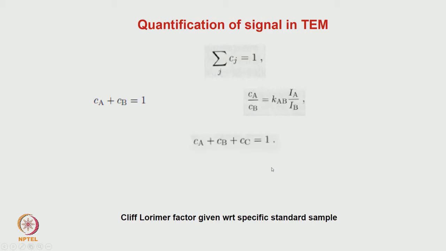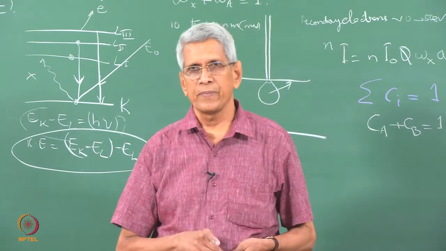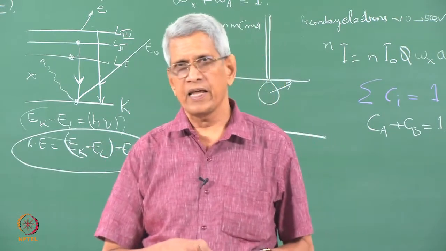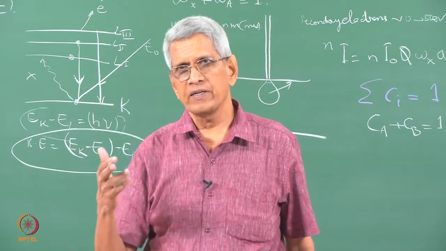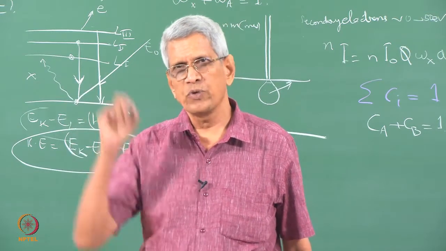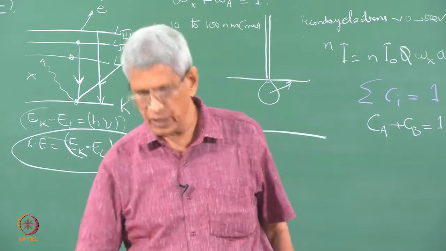I have already mentioned this for 2 elements; suppose 3 elements are going to be there. Generally, most of the time we use essentially either nickel based superalloys or stainless steel or aluminum alloys, where the concentration of one element, the matrix element, is very high and the others are small. So, we can take that as a standard, and with respect to that we can find out the ratios.